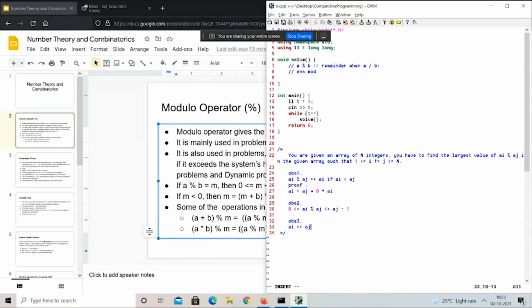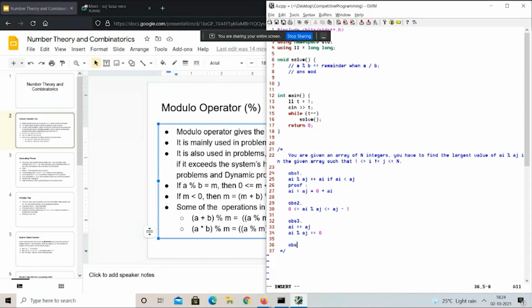So there is a possibility that they might repeat. So what does AI modulo AJ imply in that case? It will be 0, because when you divide a number by itself, the remainder is obviously 0. So this is the third observation.